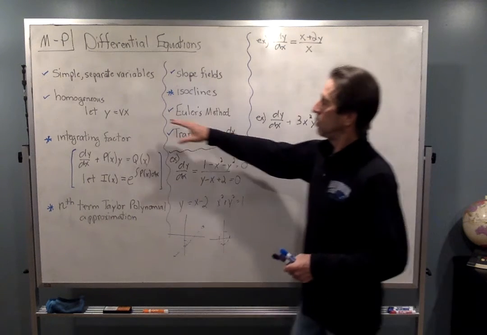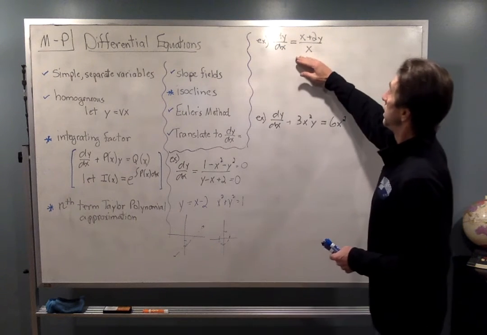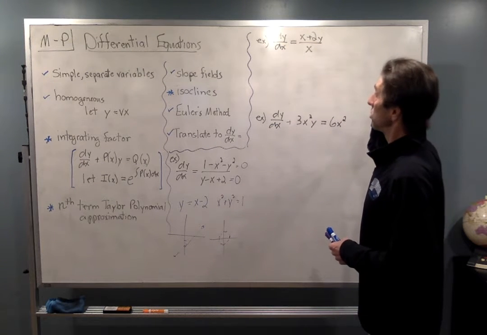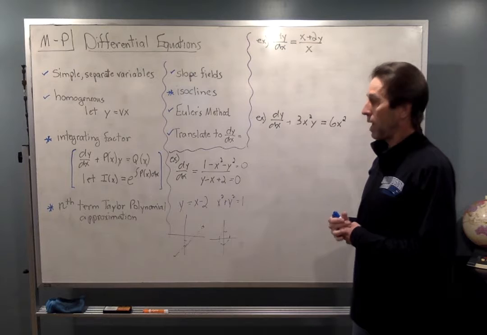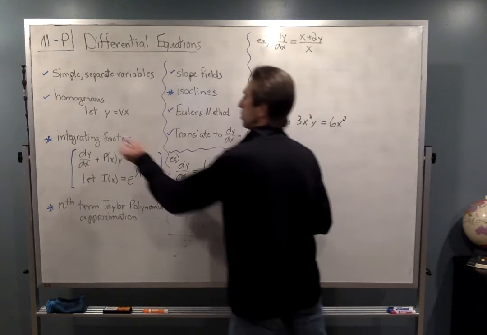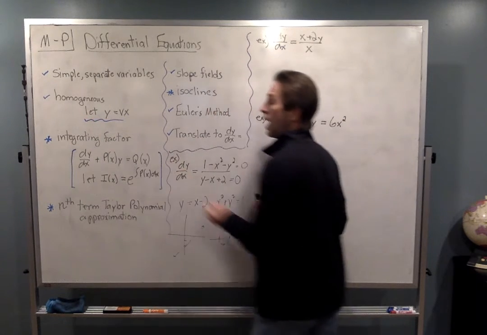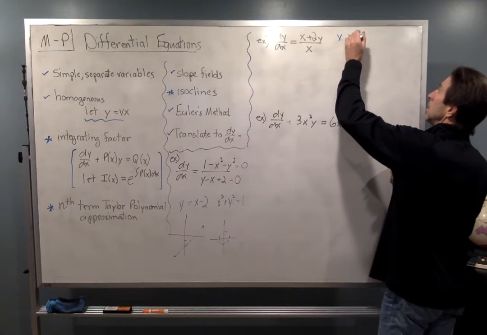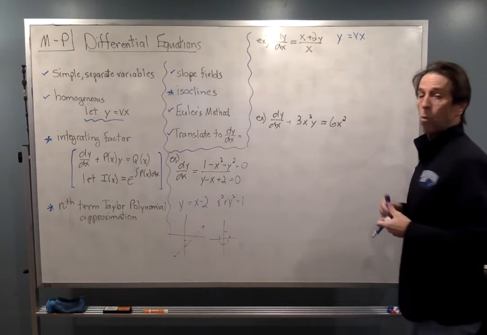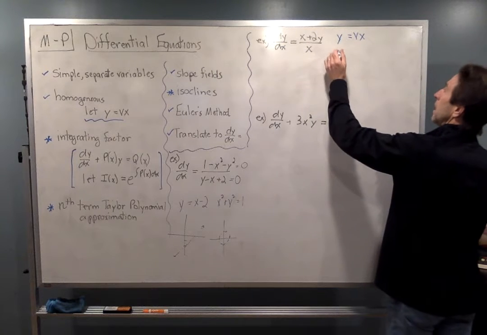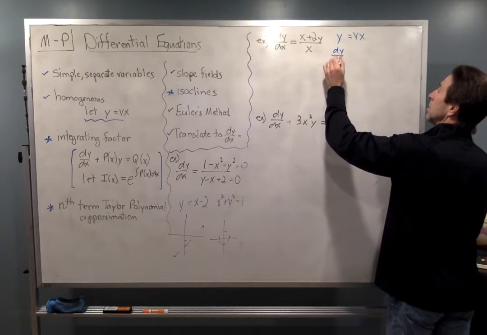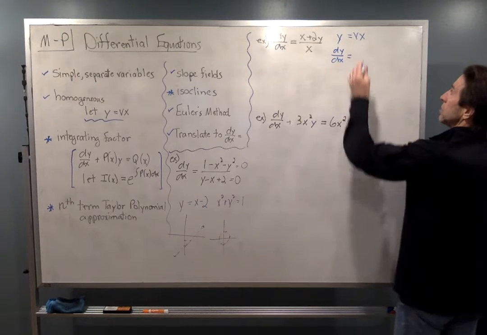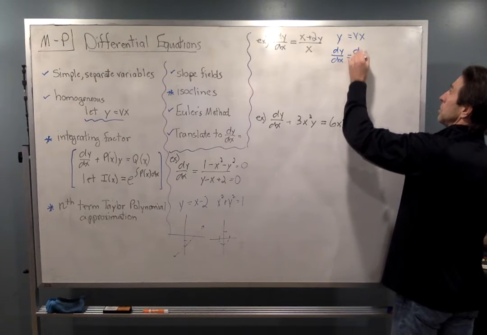What we try to do with these homogeneous ones, and this is an example, if I try to solve for y, separate the dy and dx, I'm just going to have some trouble. So what I would do is let y equal vx and go from there. Now by saying y equals vx, we then have dy dx equaling the derivative of vx, which is the derivative of the first, which is dv.